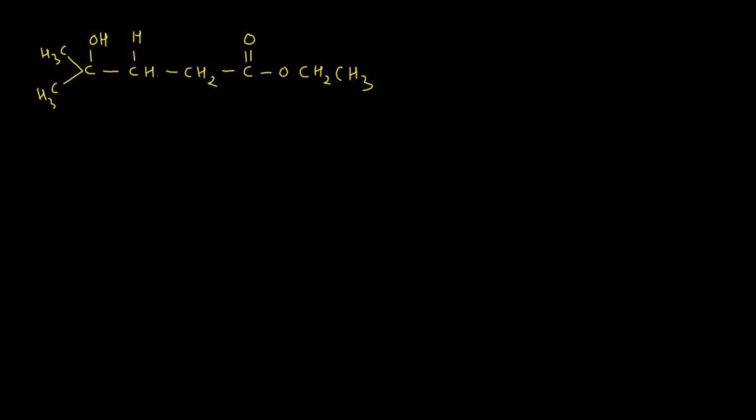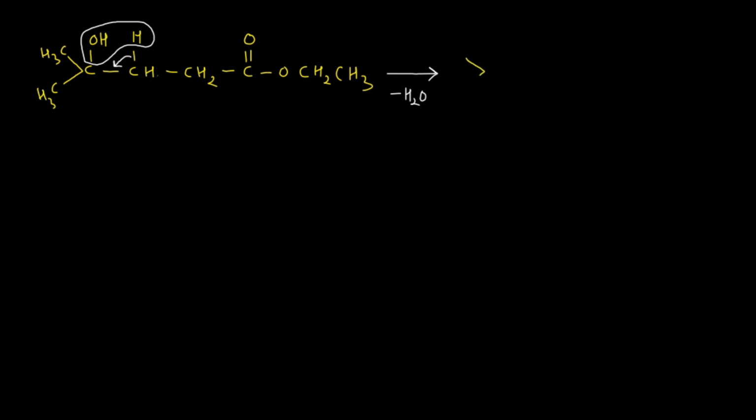So what can happen in the next step? It's very important, okay. Say this OH negative and this H positive will combine and a water molecule will be eliminated from here, and this electron pair will be dropped onto this position and you will get an alkene.